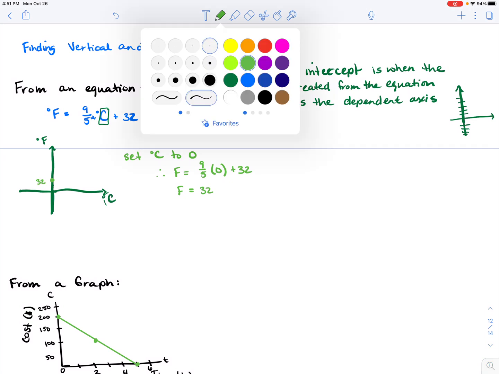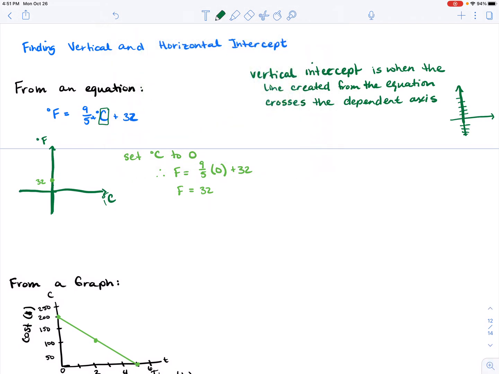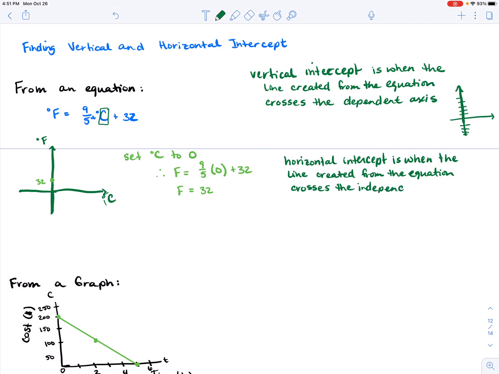Now, what about the horizontal intercept? That is when the line created from the equation crosses the independent axis.